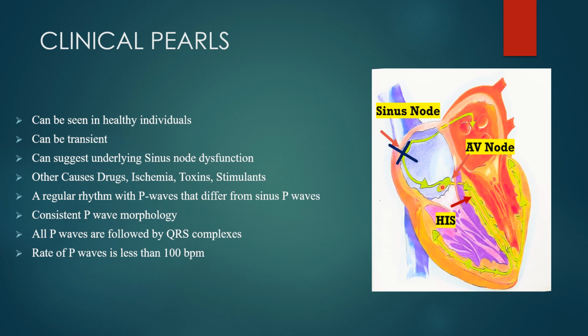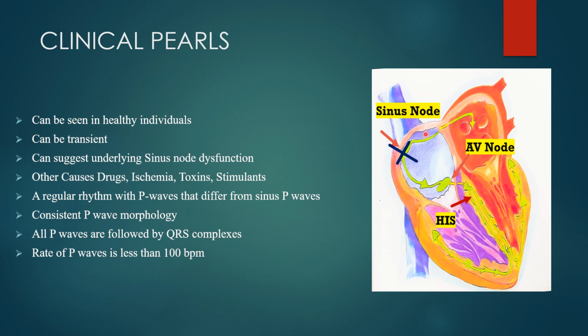Depending upon the location of the area that fires, there are P wave changes in the form of shape and rate which can be seen on the ECG. In our case, this was 83 beats per minute, which is usually a much faster rate as compared to an escape rhythm.